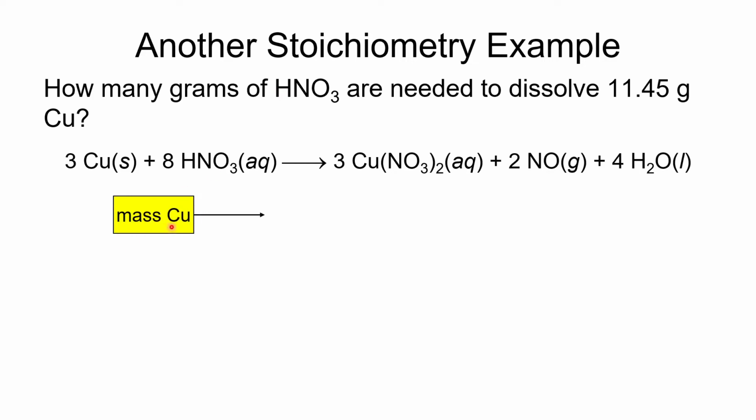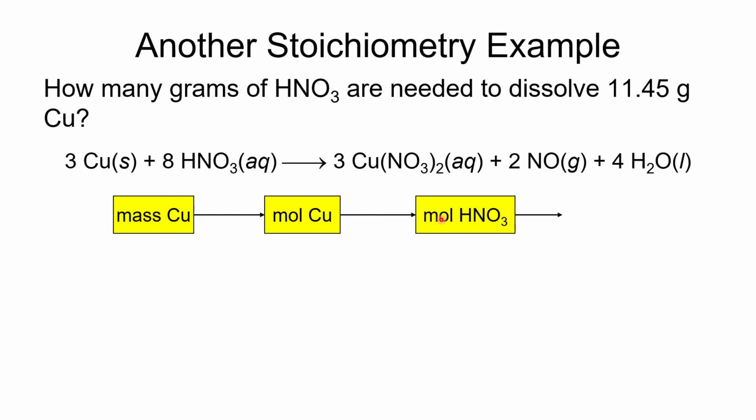So we will convert from mass of copper to moles of copper, from moles of copper to moles of nitric acid, and from moles of nitric acid to mass of nitric acid. All the time when I am solving these kinds of problems, I will always write out a roadmap. Choosing to take a shortcut and not write out the roadmap is a good way to come up with the wrong answer.